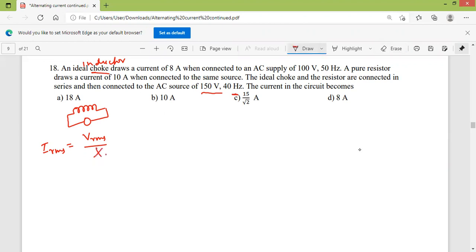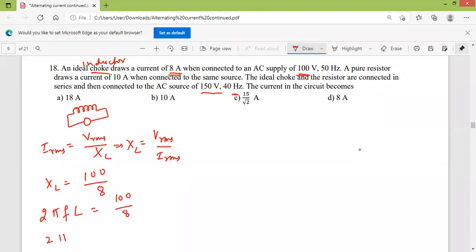So XL is equal to VRMS by IRMS. Hence XL is equal to VRMS, 100 volt, divided by IRMS, which is 8 ampere. XL is equal to 100 by 8. So XL, that is 2 pi f L, is equal to 100 by 8.